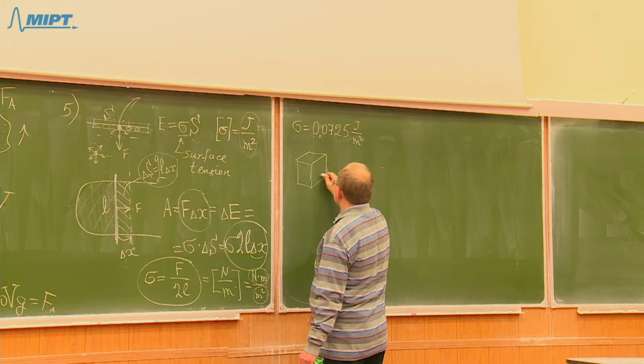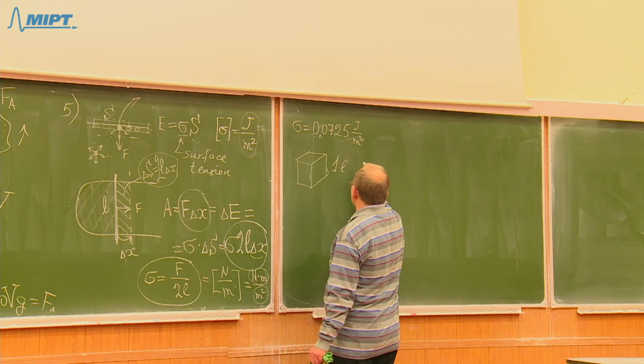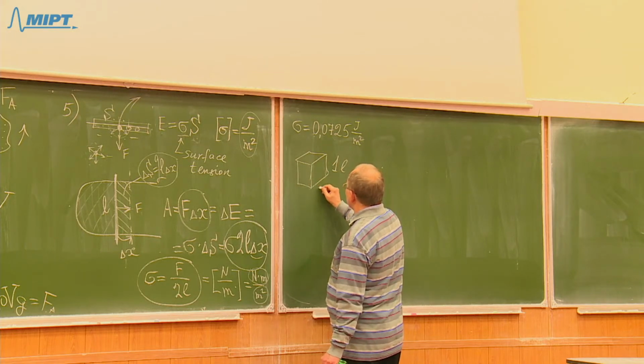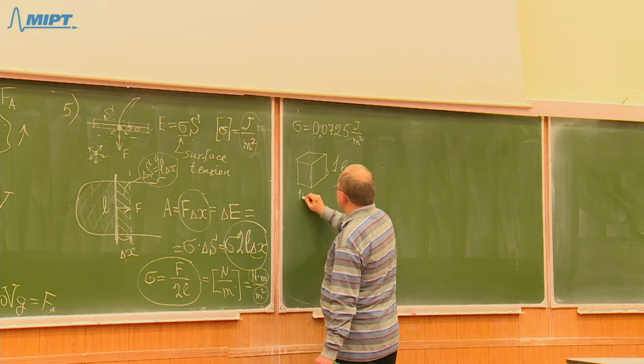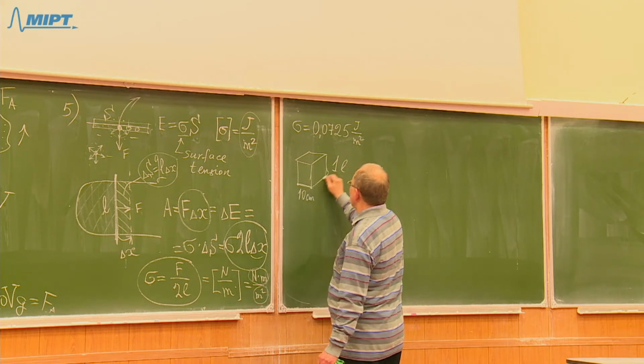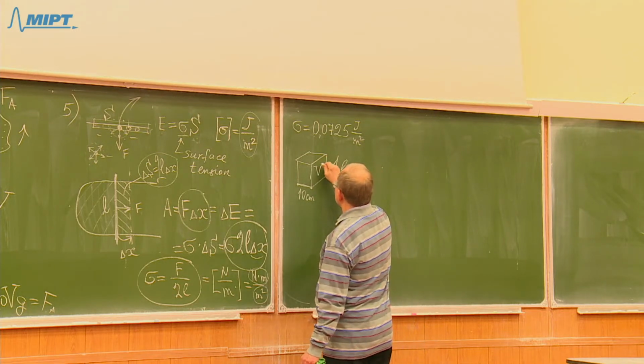So this is 1 liter of water, a cube of water with the side of 10 centimeters. The volume of water is 1 liter.